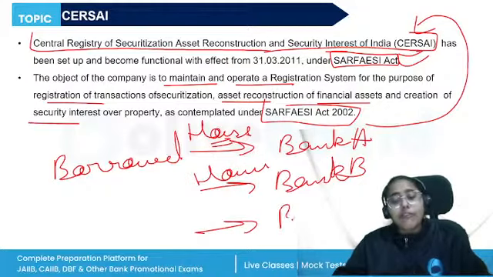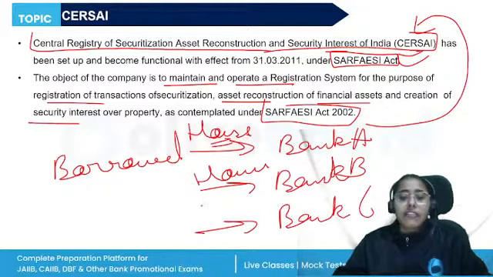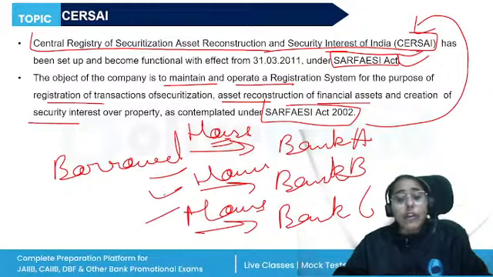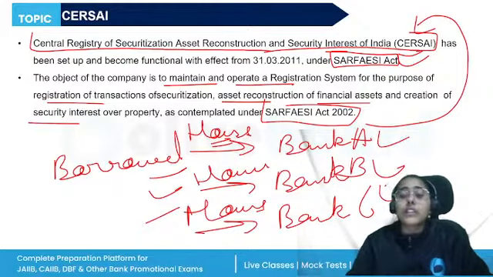Again from bank C, and they have kept it as mortgage. The same house or the same immovable property. Now, if the borrower defaults, which of these three banks is going to have the right over the immovable property to get it sold in the market and recover their dues?